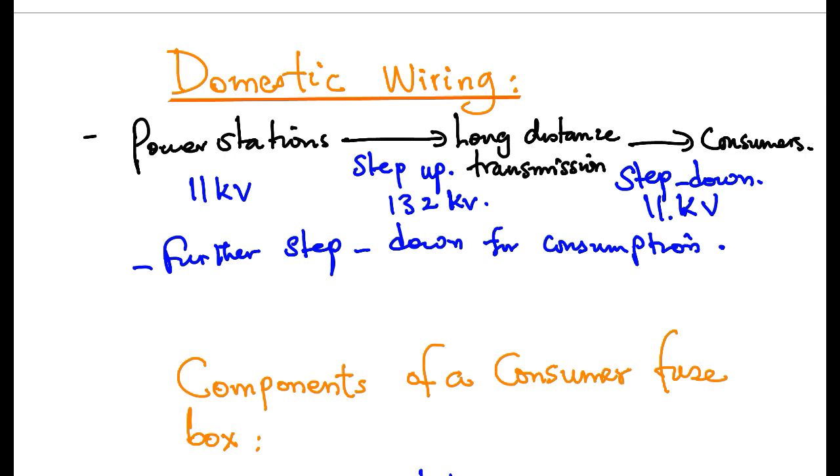In this process, we note that from production to consumption, power is stepped down from 11 kilovolts to about 240 volts. 240 volts is the voltage favorable or convenient for domestic consumption.